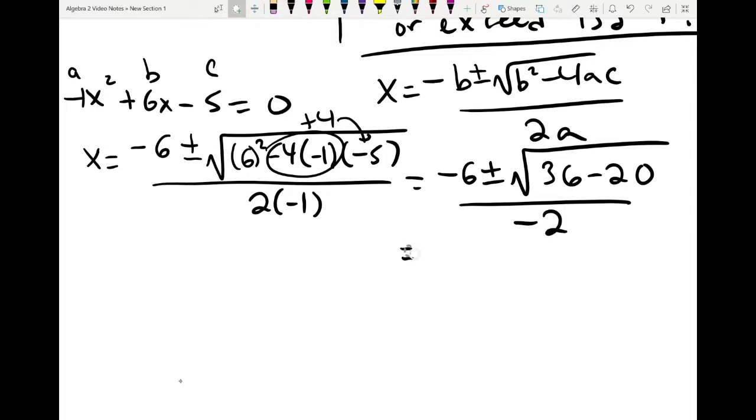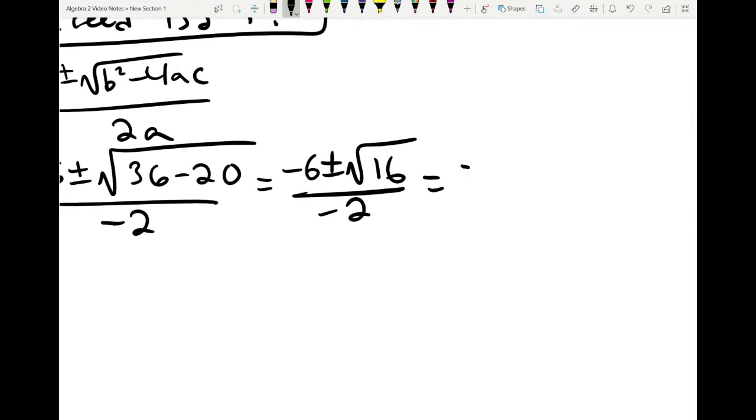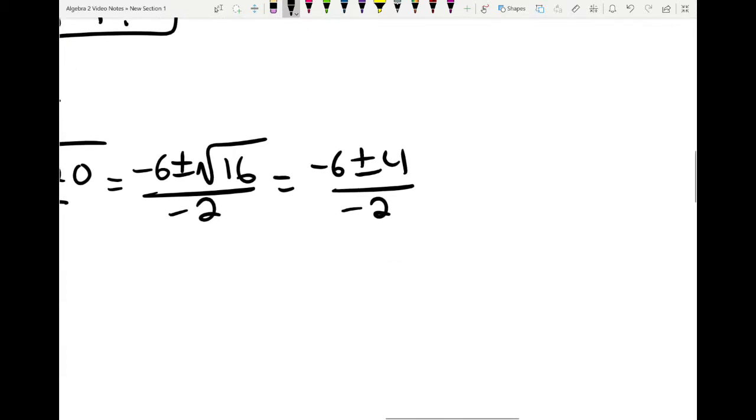So we got here, we got negative 6 plus or minus square root of 16 over negative 2. Square root of 16 is 4. So we got ourselves two answers that we got to do. We got to do negative 6 plus 4 over negative 2.